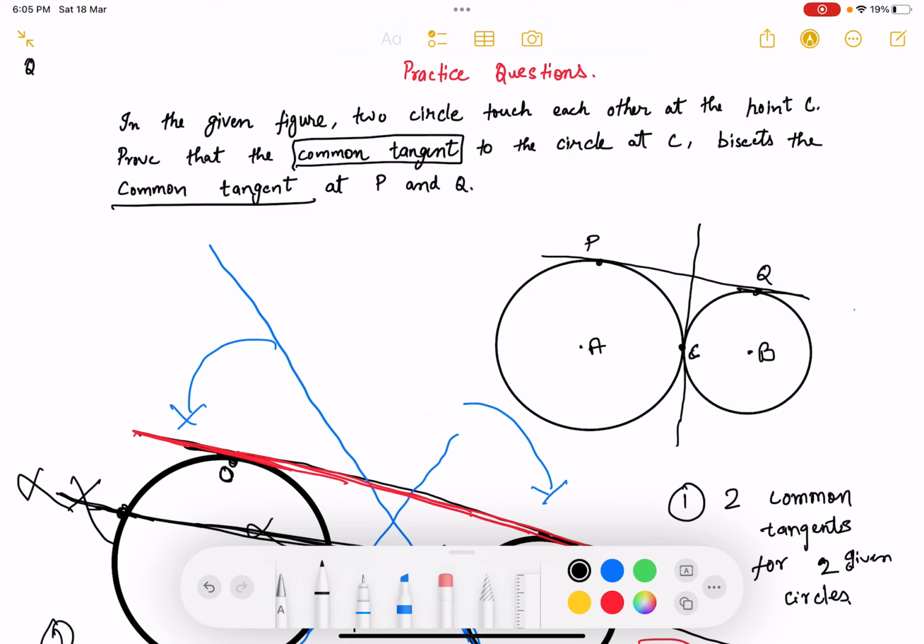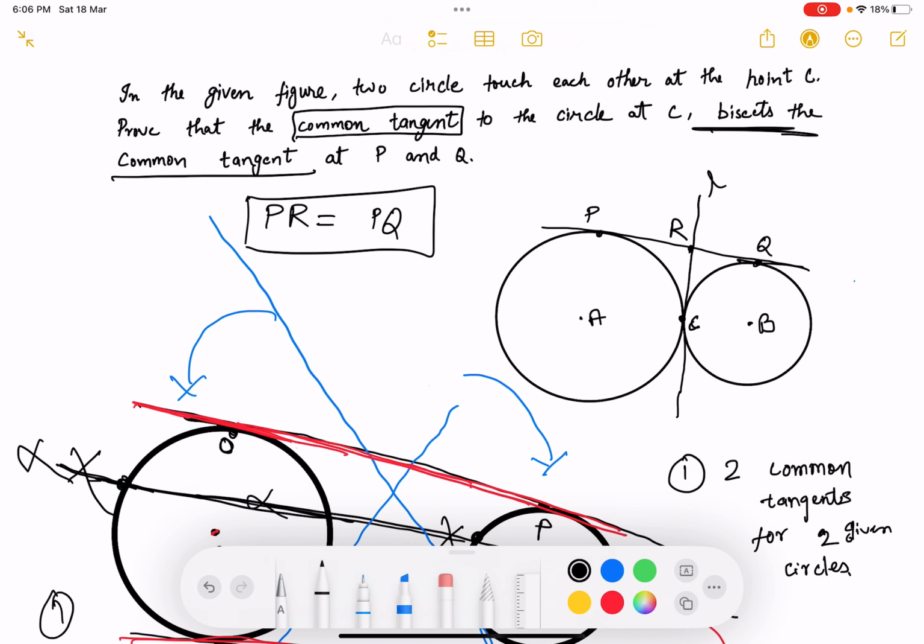So we have to prove that this common tangent, let this be line L, intersects at R. So we have to prove that this line bisects the line PQ, which mathematically means we have to prove PR is equal to RQ.